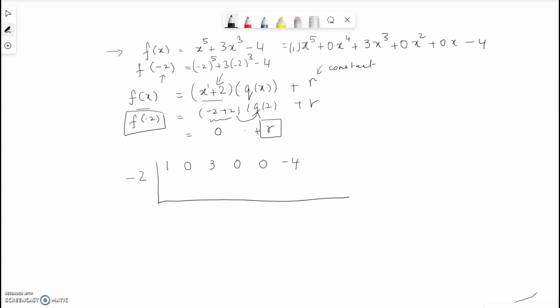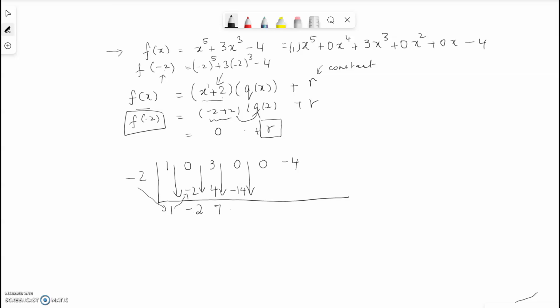So -2 times, first bring the 1 down. -2 times 1 is, I'm going to write it here, -2. I add these two to get a -2. -2 times -2 is +4. Add these two, so there would be a 7.